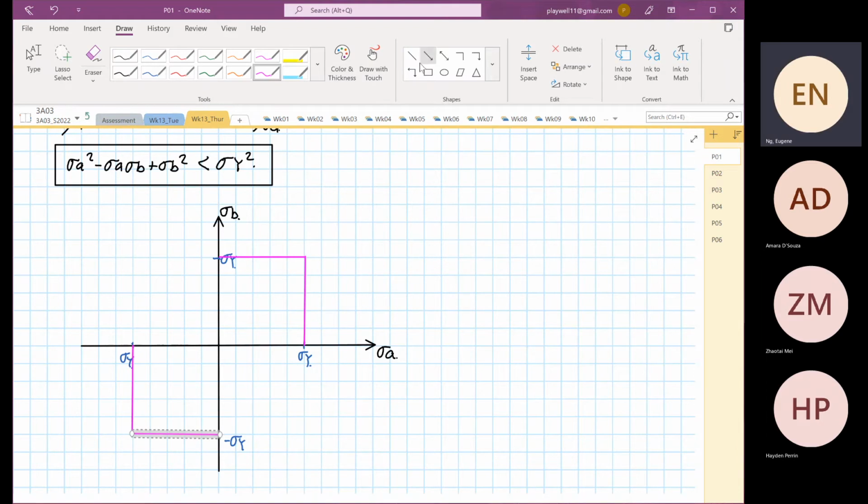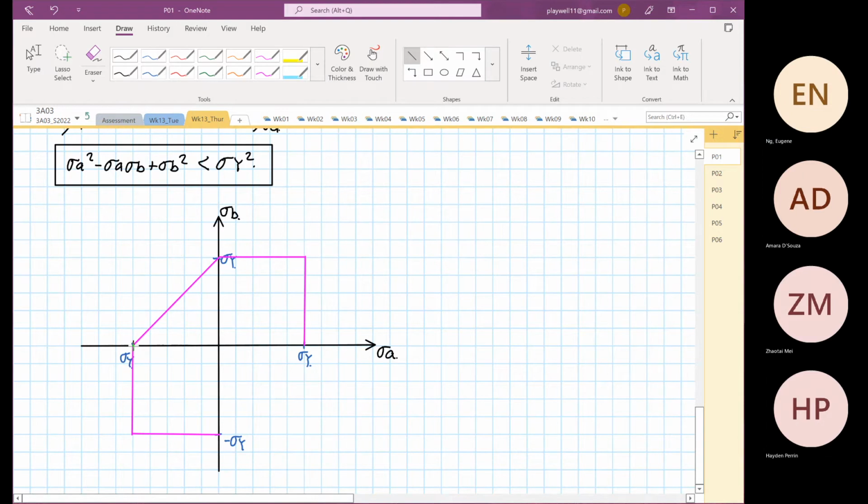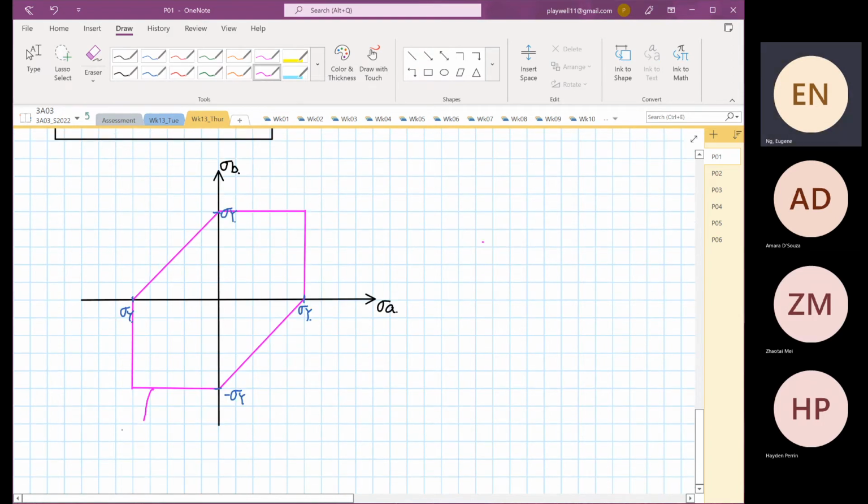The pink is our Tresca. So the structure is deemed safe if it is within the pink line. Okay, so I'm going to call this based on Tresca.